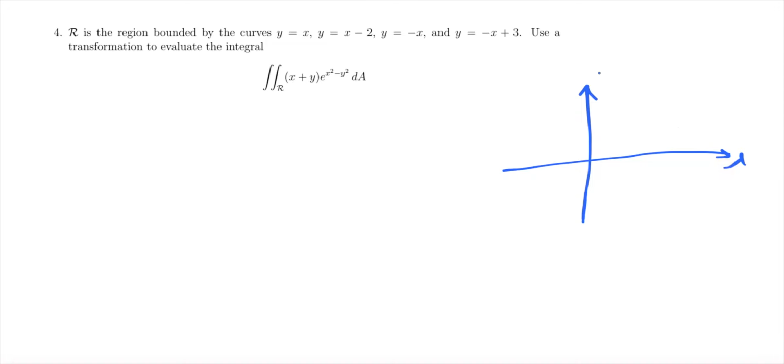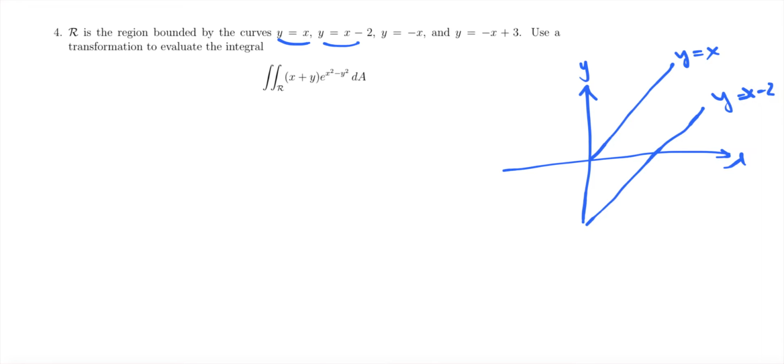So x and y, and I see y equal to x, y equal to x minus 2. y equal to x is like that, and y equal to x minus 2. And then I see y equal to negative x, and y equal to negative x plus 3.